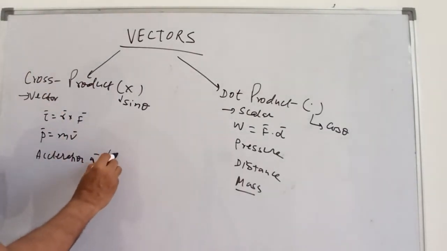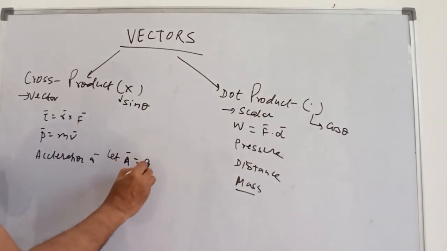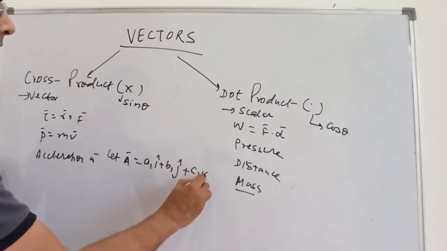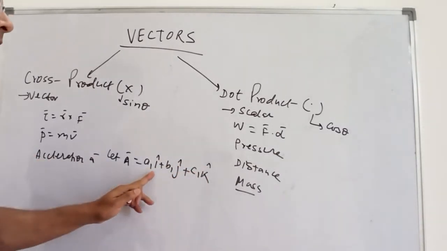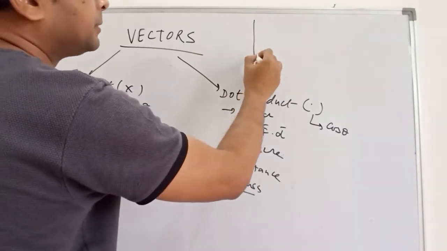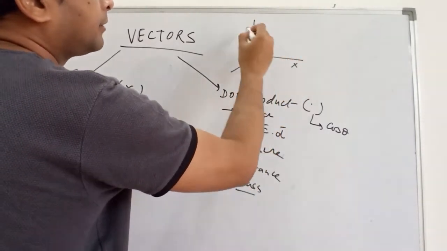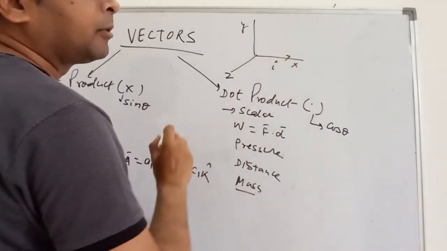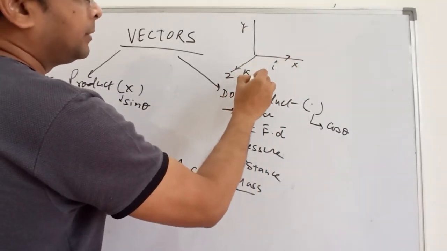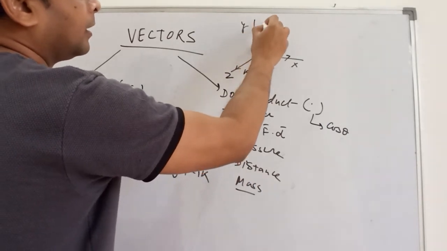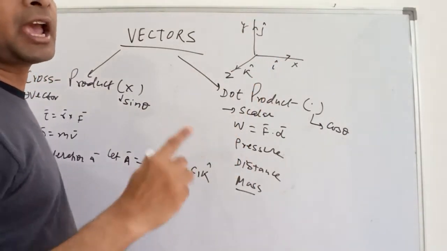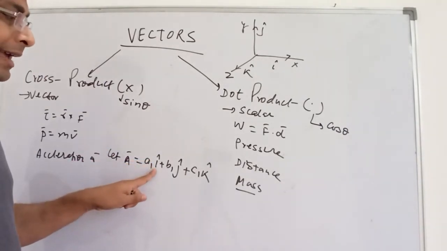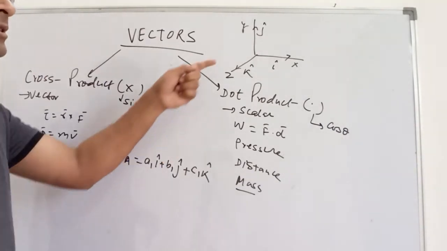Suppose I have the vector, let A vector be equal to A1 i cap plus B1 j cap plus C1 k cap. Now i cap means, you must be knowing about x, y and z axis. This is x axis, y axis, z axis. i cap means we are talking about x axis, k cap means z axis, and j cap means y axis. I mean to say A1 is a quantity directed along the positive x-axis, this way.